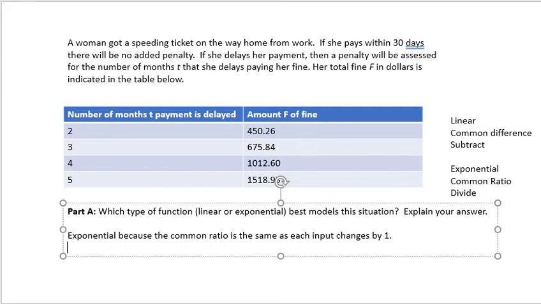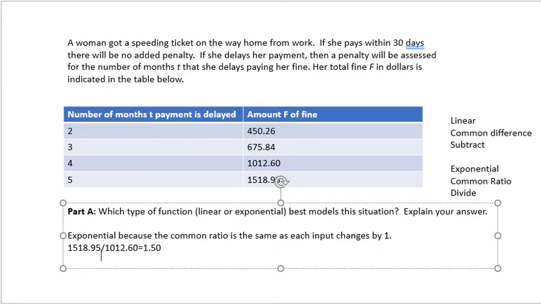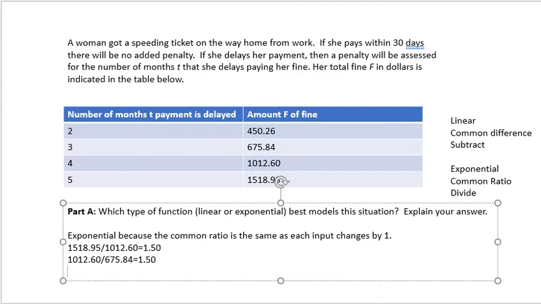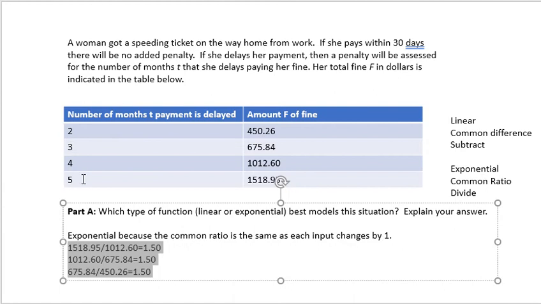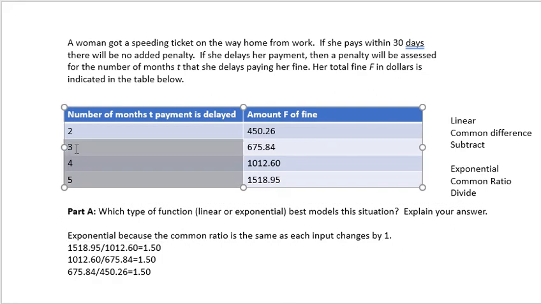Then we could show some work here to show that you got the common ratio. If I were you, showing my work here, I would just type out what we got, and you could just round, because when we round, we'd end up with 1.5 every time. So I'm showing here that my common ratio is the same for each change of x as I go in months by 1 unit at a time.